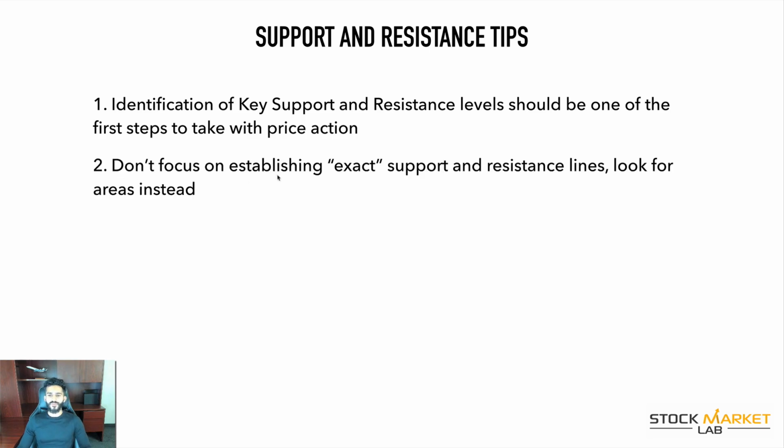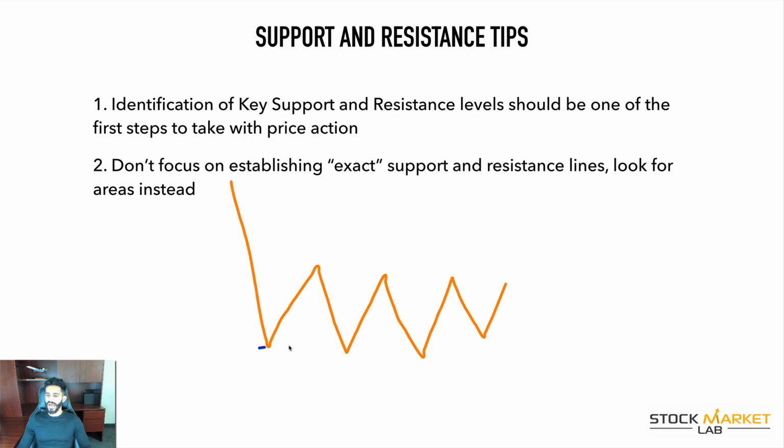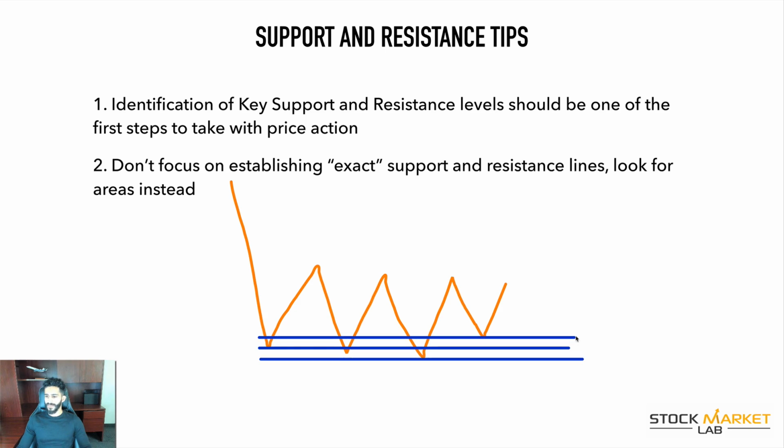Do not focus on establishing exact support and resistance lines. Look for areas instead. So for example, if let's say a stock looks something like this, right? You have to understand that this is not an exact line. It is an area. This might be the area. This might be the area, right? It's an area.